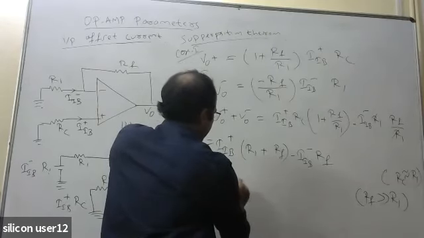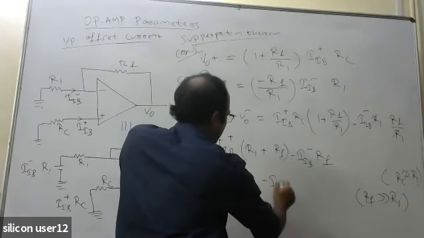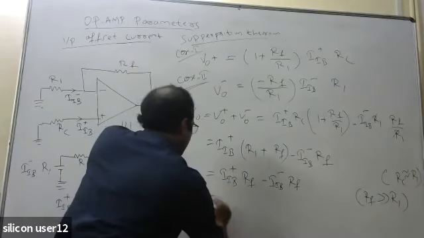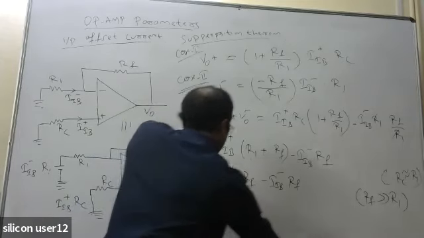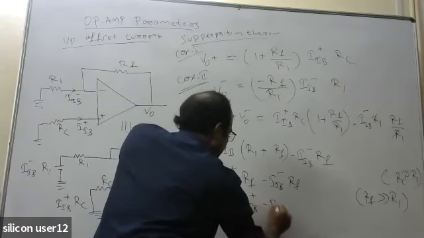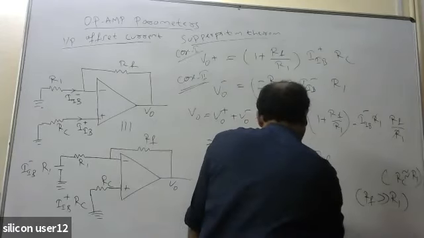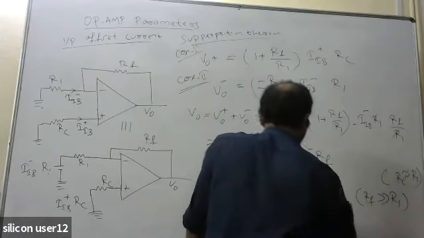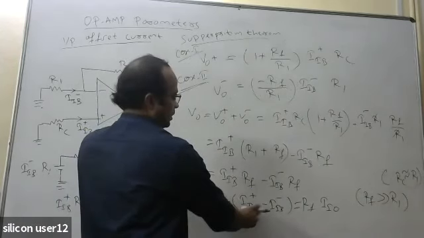So IIB plus into RF minus IIB minus RF. Taking RF common, that equals RF into I0, where I0 is IIB plus minus IIB minus.